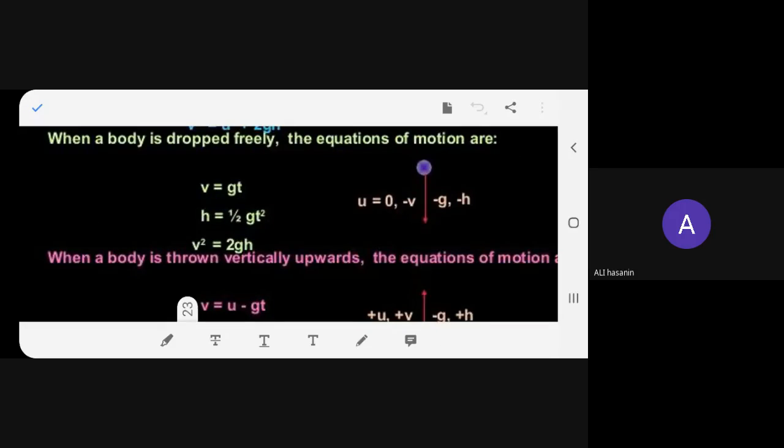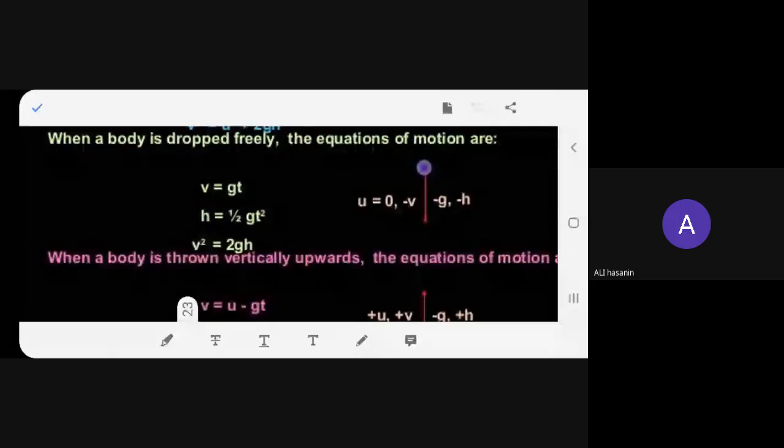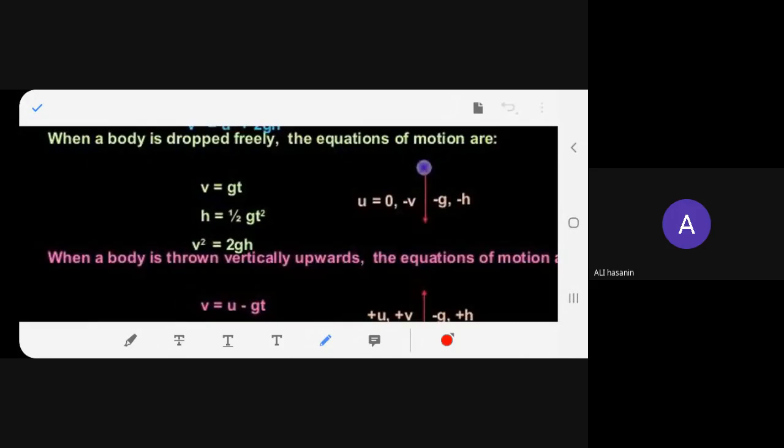H is equal to half GT square. Can you tell me how we got this? S is equal to UT plus half AT square, right?